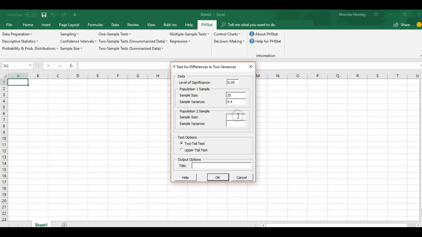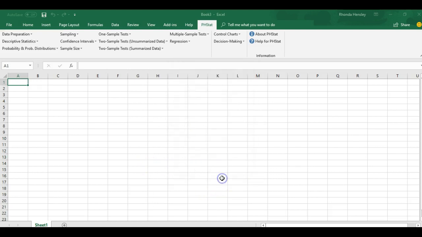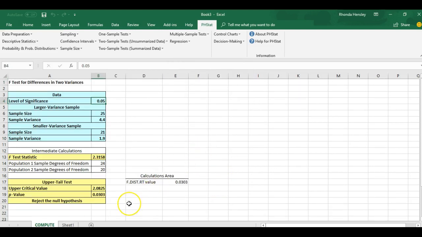At breakfast, we have a sample size of 21 and a variance of 1.9 minutes. And this is an upper tail test. That's why they tell you to do that in PHStat, I guess. It's set up that way. And we say, okay, so here are our calculations.